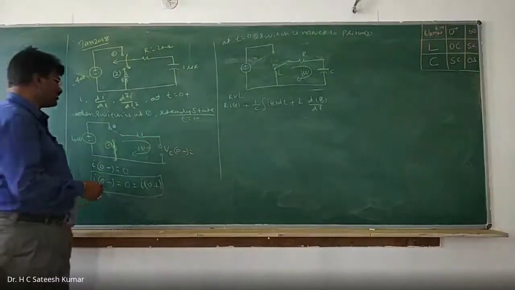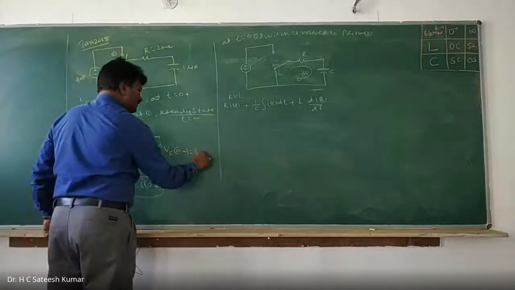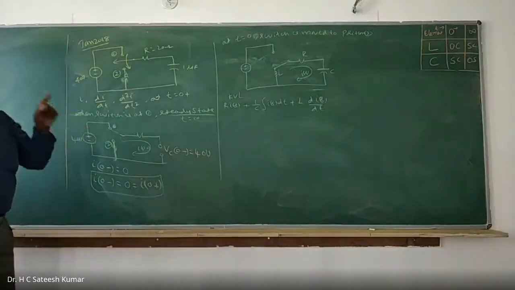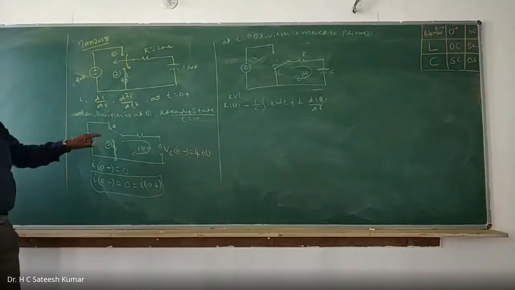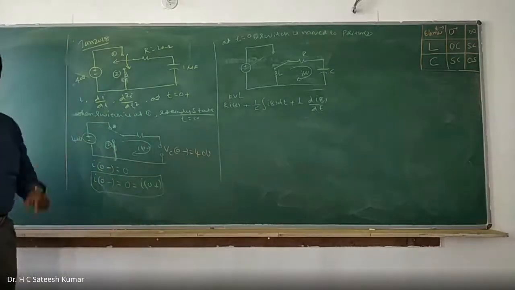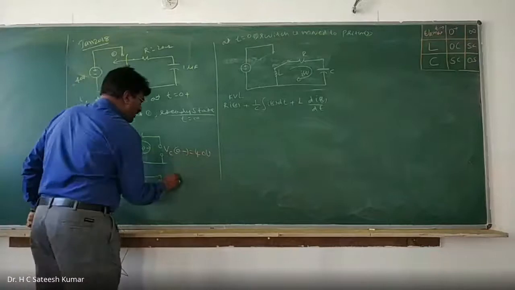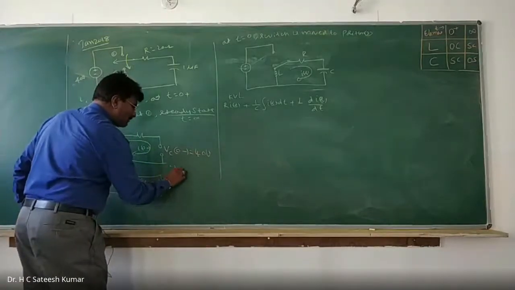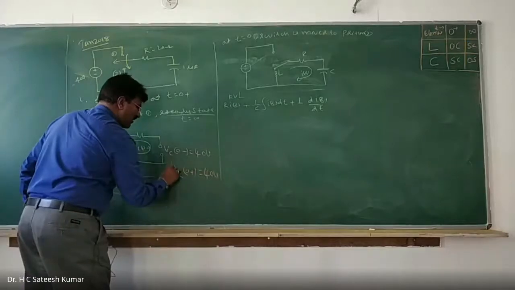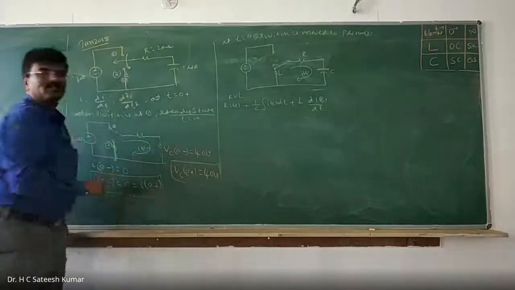VC 0 minus is equal to 40 volts. Now the switch has changed its position. Capacitor is unable to respond very fast, I said. So therefore, I of 0 minus is equal to I of 0 plus, we said. But the voltage also remains the same. Therefore, VC 0 plus is also 40 volts because the capacitor is unable to respond very fast.